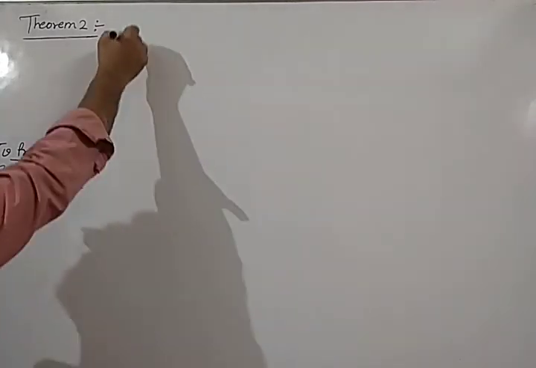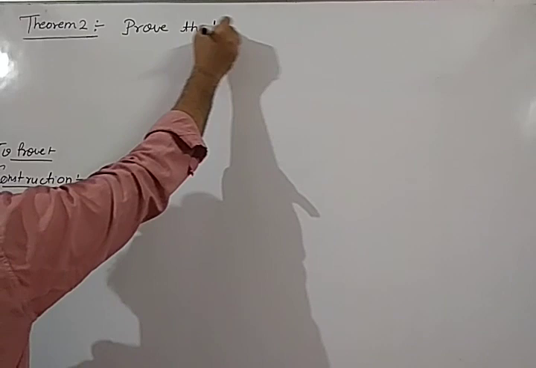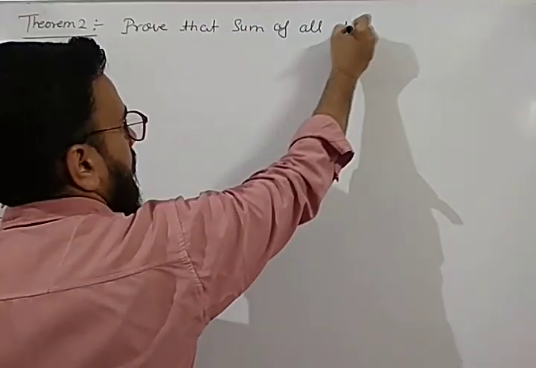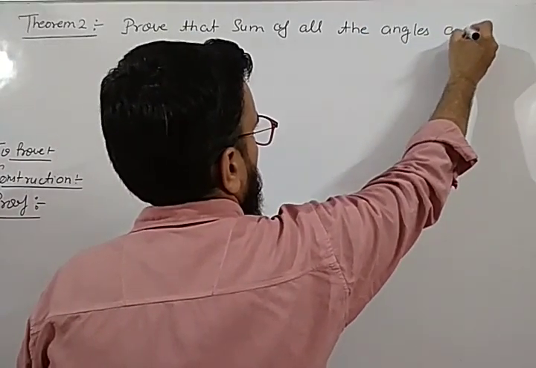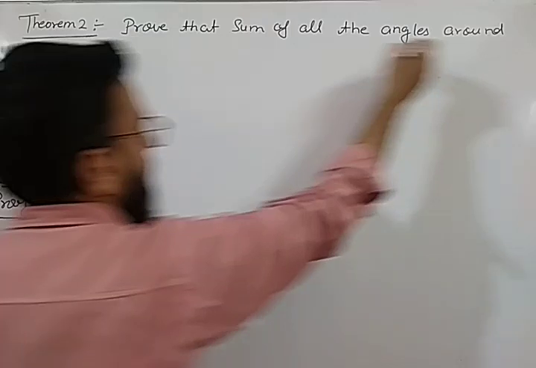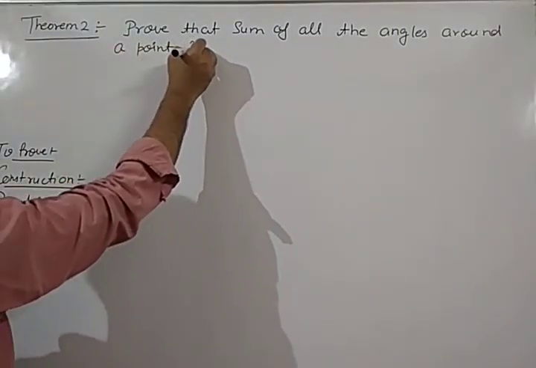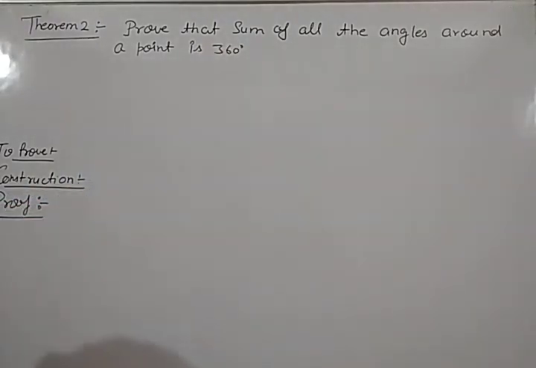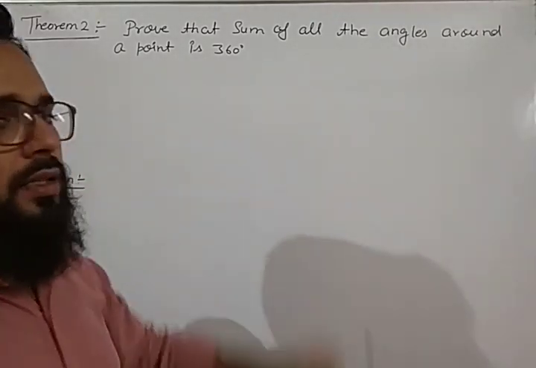Prove that sum of all the angles around a point is 360 degree. Okay, so this is our second theorem. Prove that sum of all the angles around a point is 360 degree.